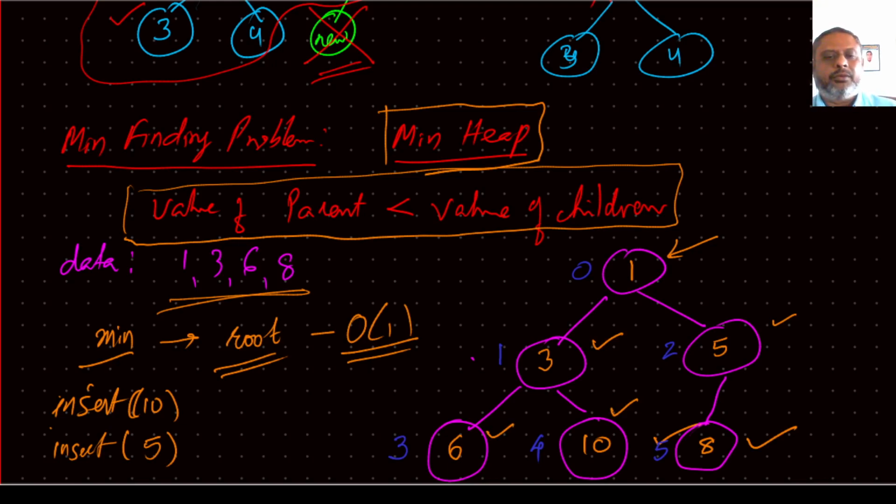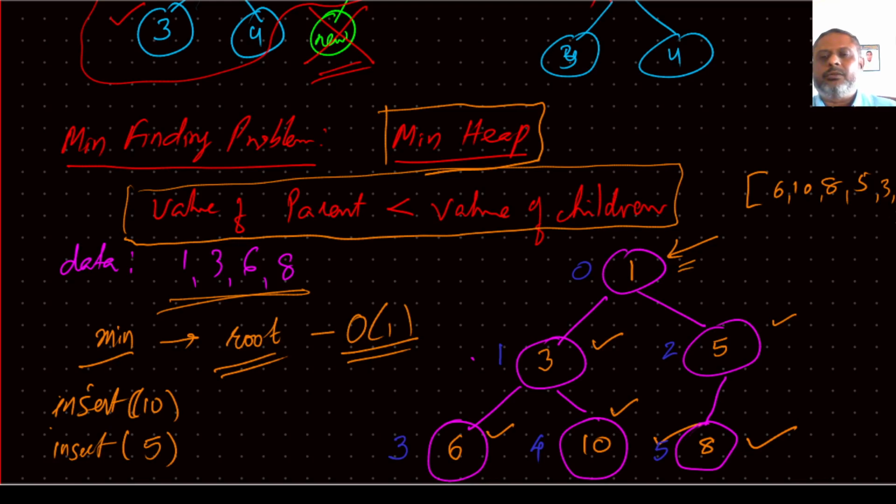And if you look at it, we are talking about a set, so I can write a set any way I like. So in this, what is the minimum value? The minimum value is 1. So where can I find it? Just look at the root. At the root, what is there?